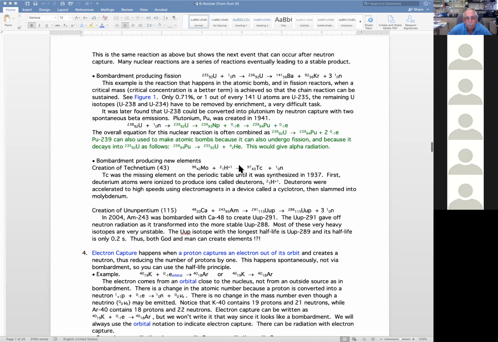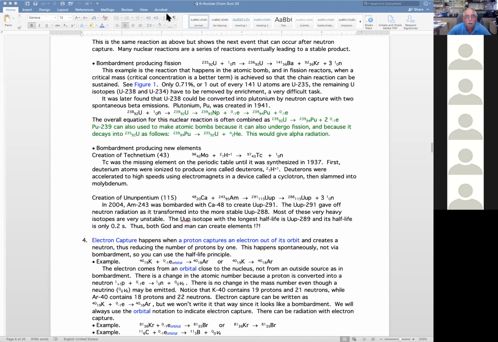Here's another one. So here's bombardment. So is this a spontaneous event? No, because there's two things smashing into each other. And yeah, for a fraction of a second, there may be neutron capture, but what happens is that uranium-235 goes through a fission and gives off neutron radiation.